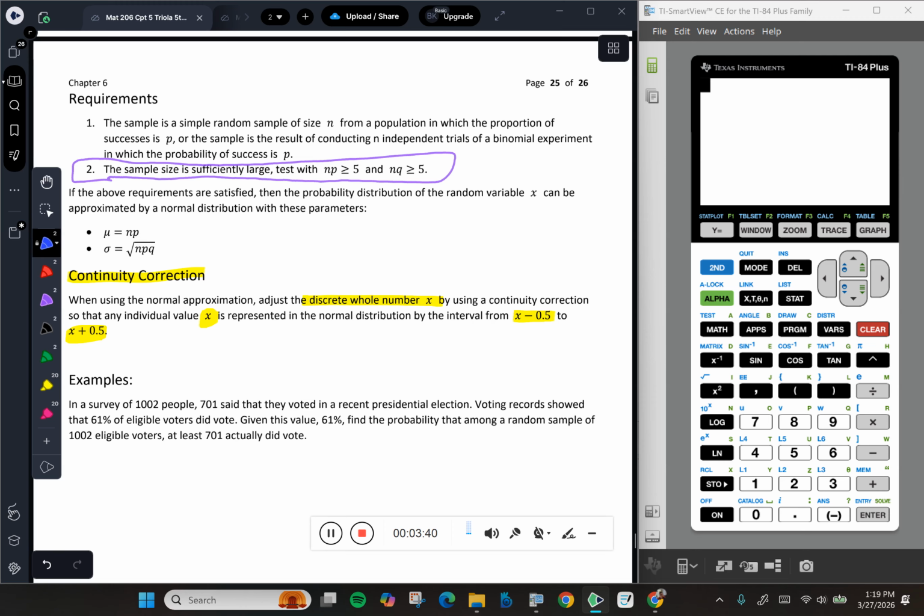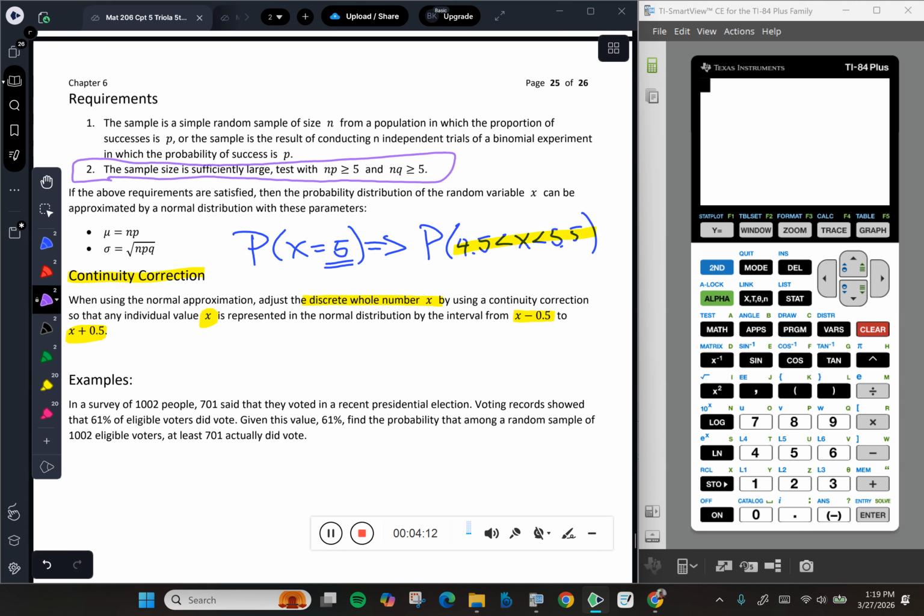What that means is, if my job was to find the probability that x is exactly 5, when I turn that into a normal distribution, I'm going to find the probability that 4.5 and 5.5 are the range of values. Right? I'm taking a value and turning it into an interval by adding half a unit to the upper end and subtracting from the lower end.